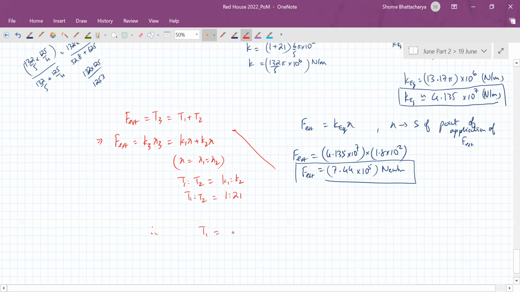Therefore, T1 will be this much, T2 will be this much. Okay. And from that, we can find the stress in each one.